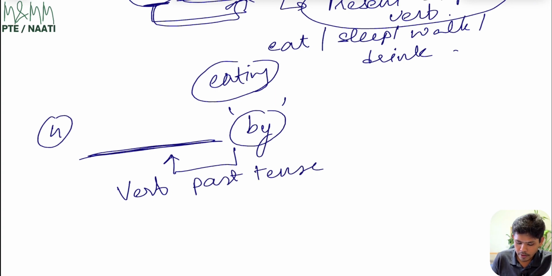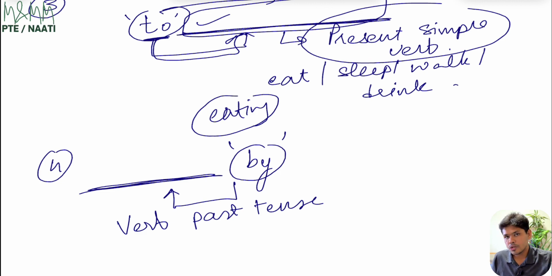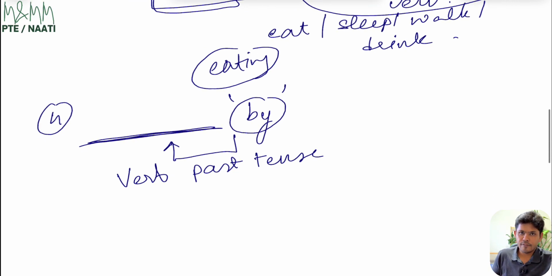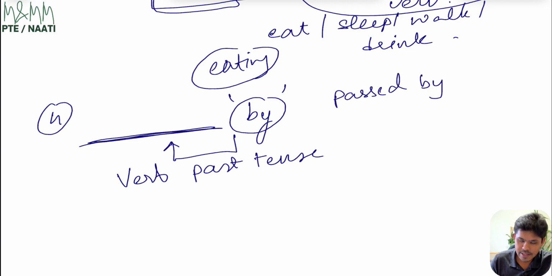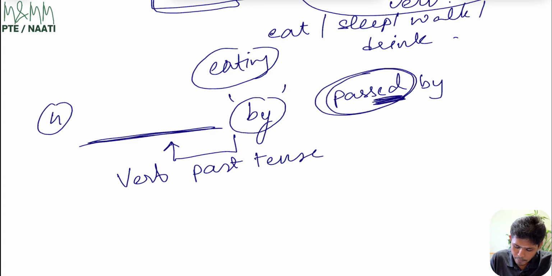Easy to remember: if it is after "to", it is a present simple verb. If it is before "by", it is a verb in past tense. For example, "I passed by his house last night." Passed by, past tense. Whatever you see before "by" has to be past tense only.